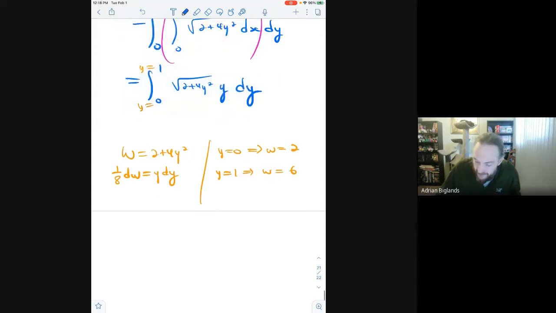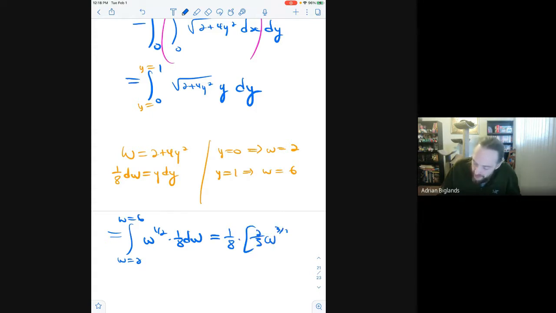This tells me this is equal to the integral from w equals 2 to w equals 6 of w to the 1/2 times 1 over 8 dw, which is equal to 1 over 8 times 2/3 w to the 3 over 2 evaluated from 2 to 6.